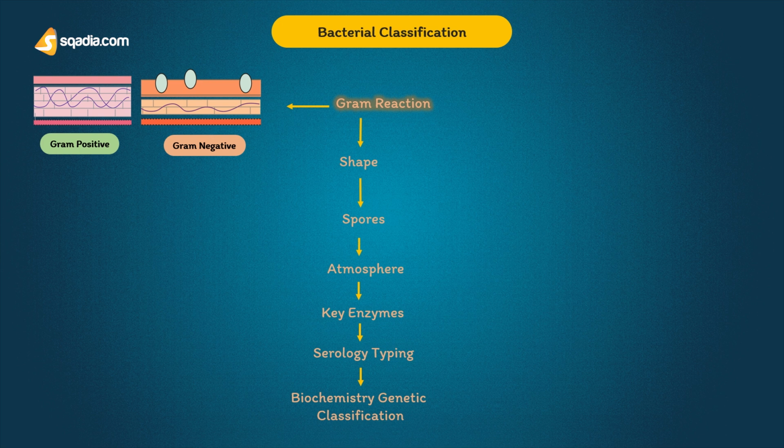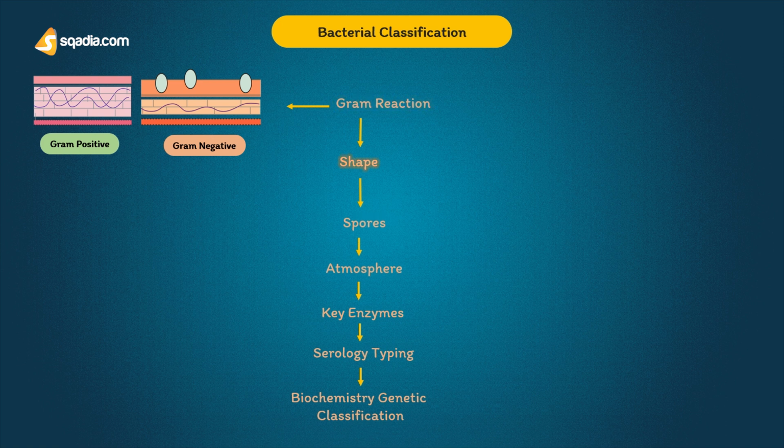Gram-negative cells have a thinner peptidoglycan layer that allows the crystal violet to wash out on addition of alcohol.